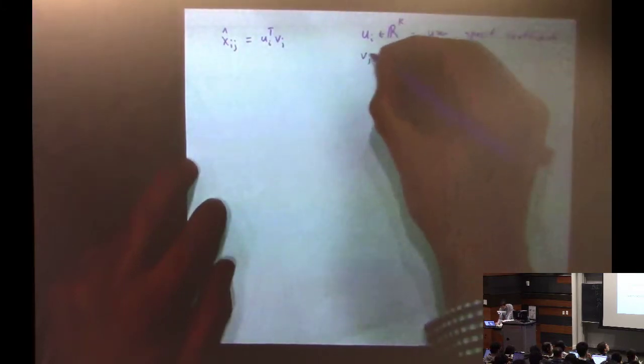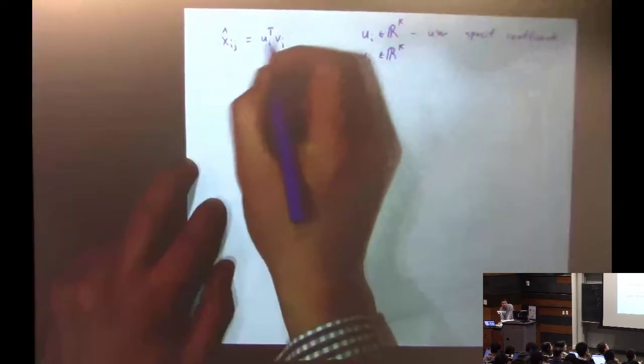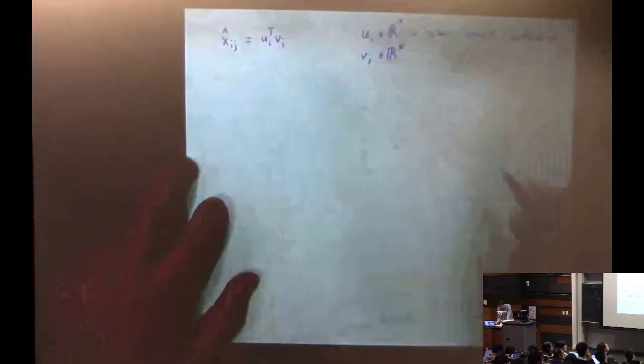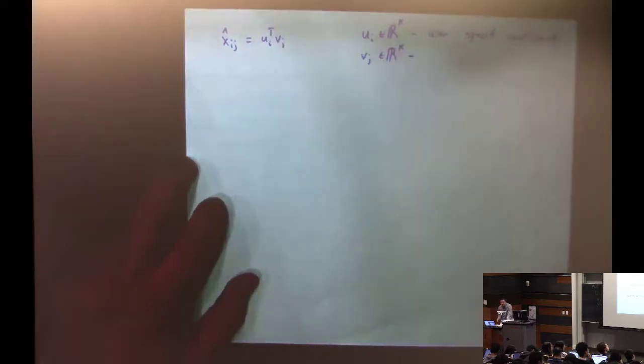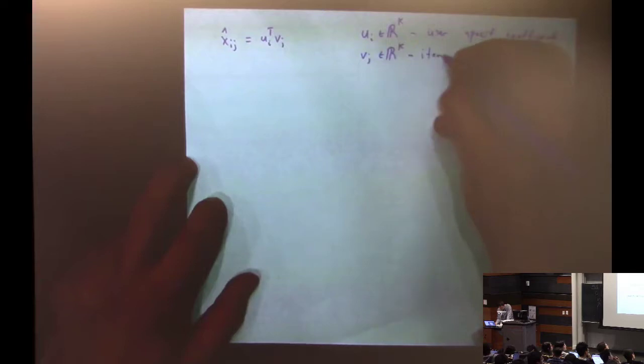Whereas v_j, also in R^k, and they have to have the same dimension because I'm taking their inner product, is going to be a set of item-specific coefficients.